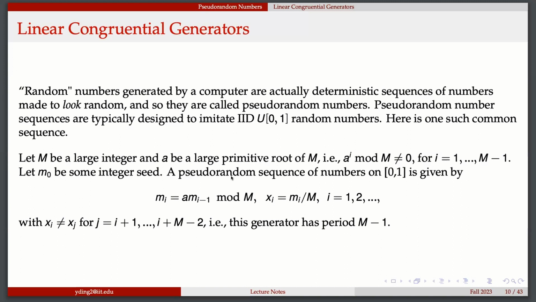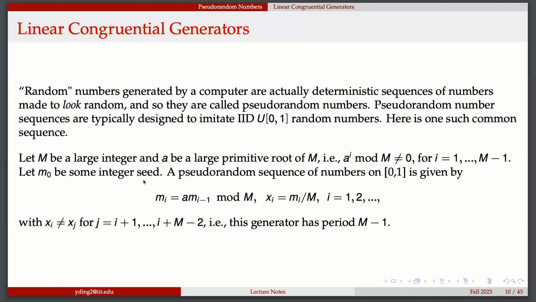So we will try to get our pseudo random sequence. Because we generate random numbers that are always uniform on the interval 0, 1, you can generate 1 over m, 2 over m, until m minus 1 over m. But it doesn't follow the order I just mentioned; you will find a way to get that.